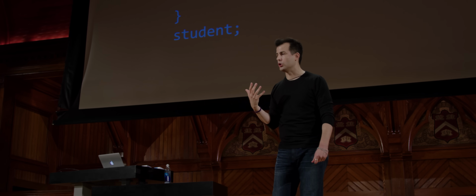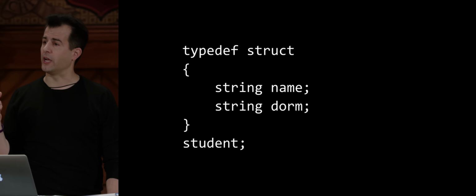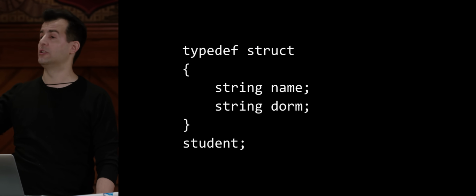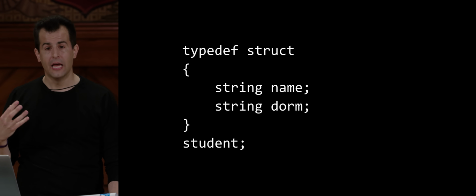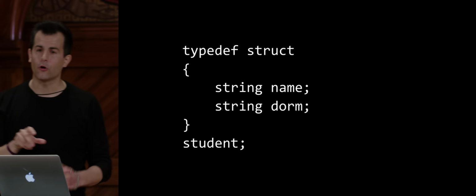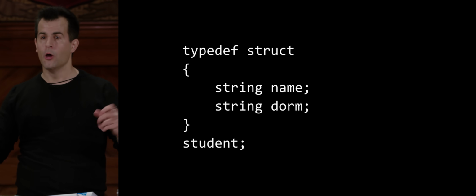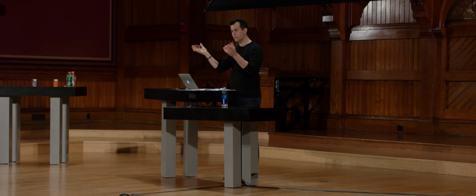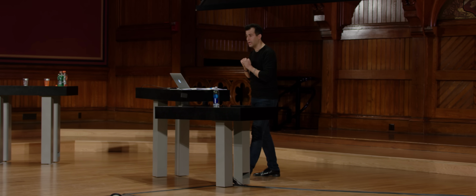But this is a way of inventing your own data type, calling it something very reasonable and obvious to you, and encapsulating inside of it two other known data types, like 2 strings, or 2 integers, or 10 integers, or any number of other things. And so simply by using this syntax can we build up things that aren't just arrays, but have more meaningful data types associated with them, all of which are going to be grouped together.